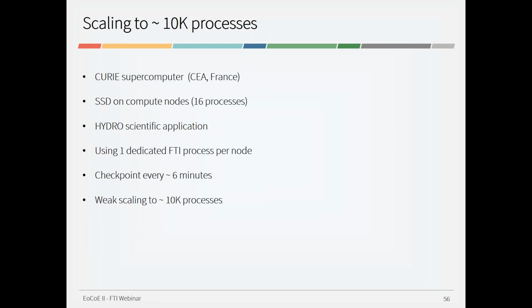Then let's see what it does in practice. How does it look? This one is on the EoCoE supercomputer in France. It has local node storage SSDs, and we have used the dedicated head process in order to perform the checkpoints, and we have compared the whole thing to a normal level 4 checkpoint without head process.